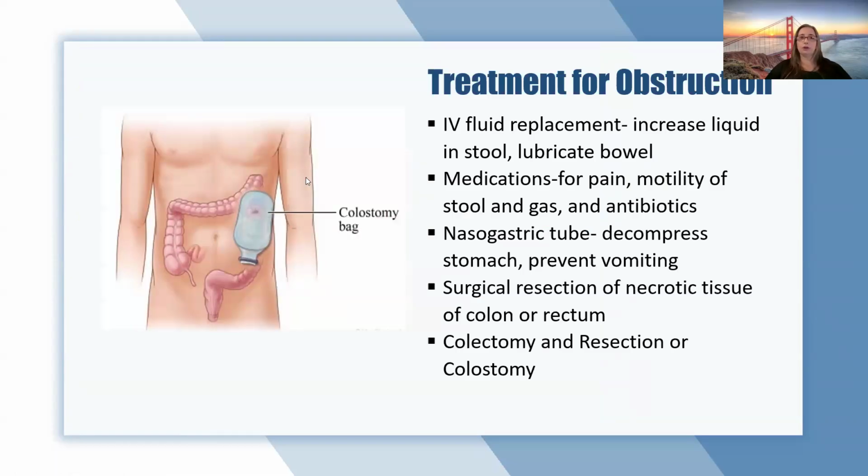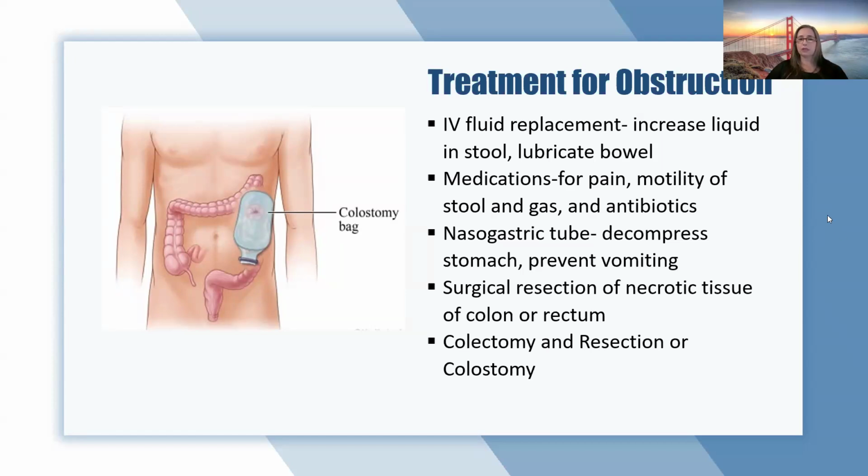So the treatment for obstruction, again, they may be able to replace fluids through the IV to help lubricate the bowel and increase that liquid in the stool, get the person really hydrated. They're going to give medications for pain. They may also give medications that help with motility and antibiotics to prevent or treat infection.